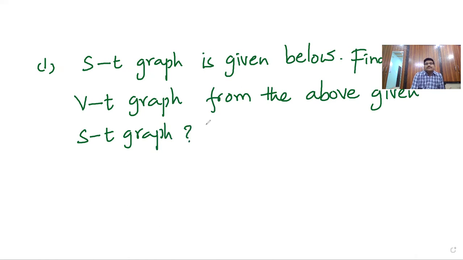This is the question. Observe carefully. He has given the ST graph, displacement versus time graph. Now he is asking us, from that graph, velocity versus time graph, VT graph.